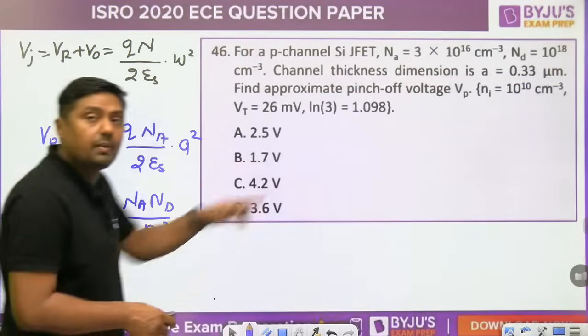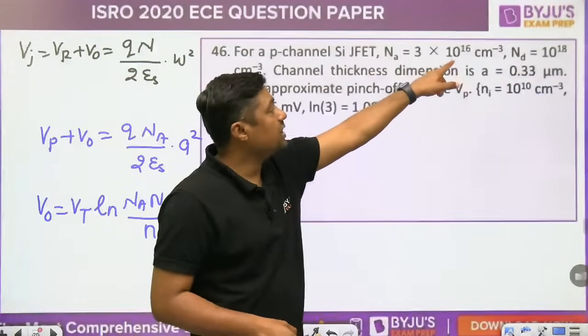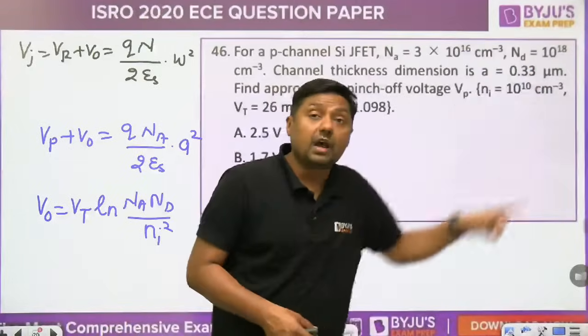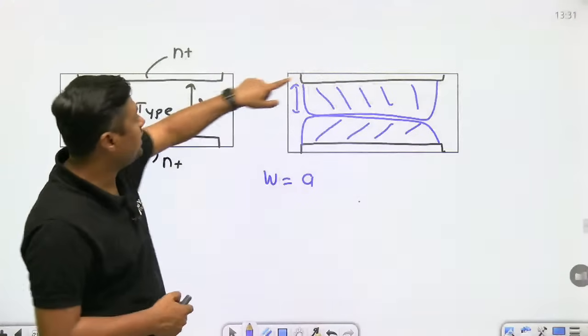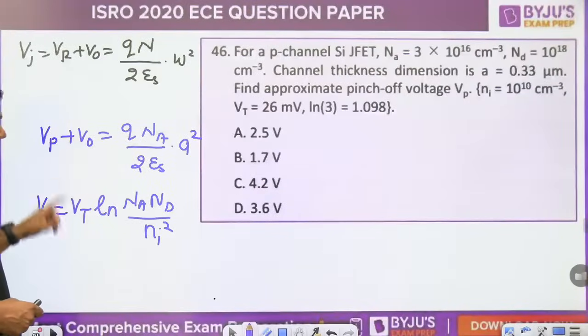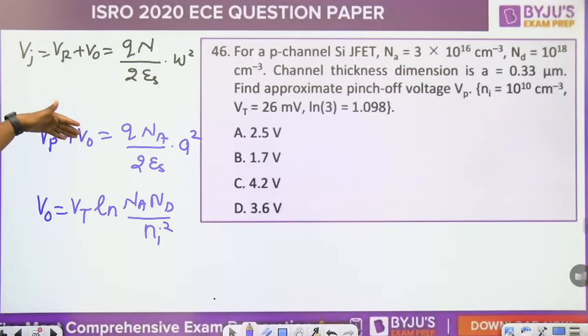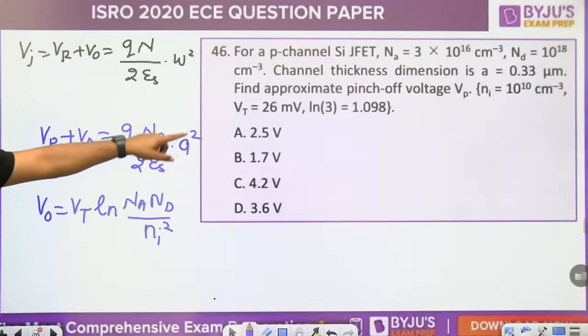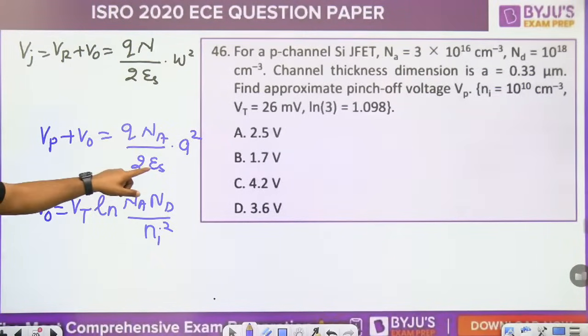Na is given, remember, 3 into 10 raised to power 16. Nd is given, that is very high doping in this area, that's why it is called N positive. Vt is given, 26 millivolt. Then you can find the value of V0 and put it here. Q is given, Na is given, A is given 0.33, 2 epsilon s.